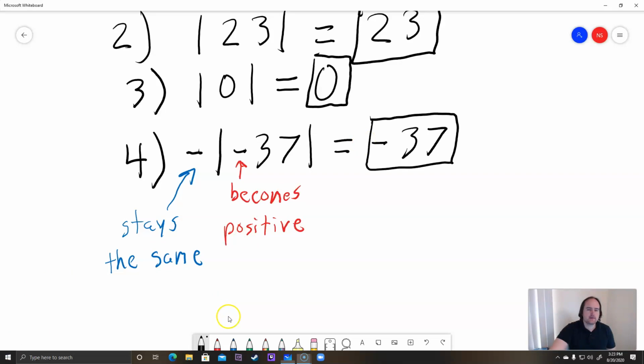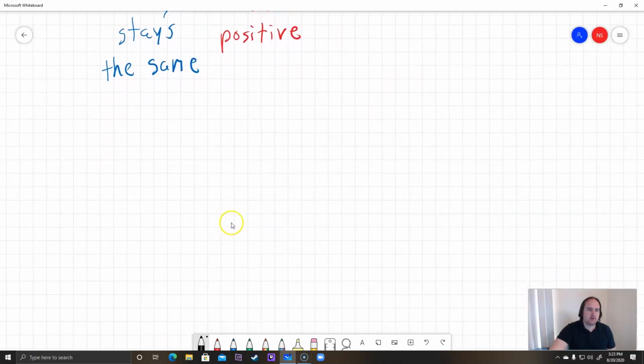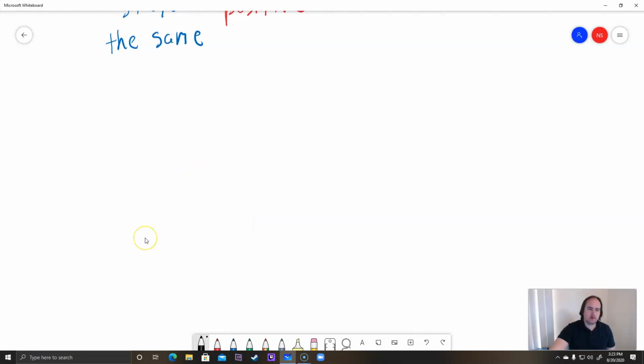All right, so the next thing in section 2.1, actually the last thing we're going to learn in 2.1, is word problems. We're just going to do these by example.